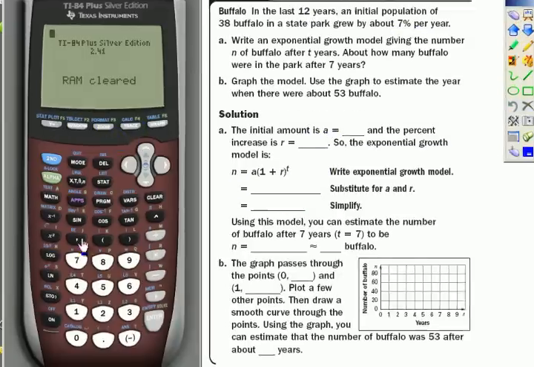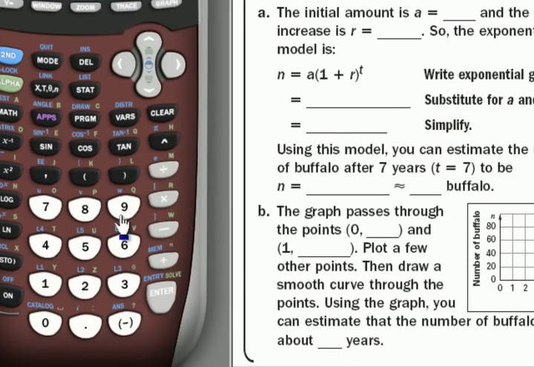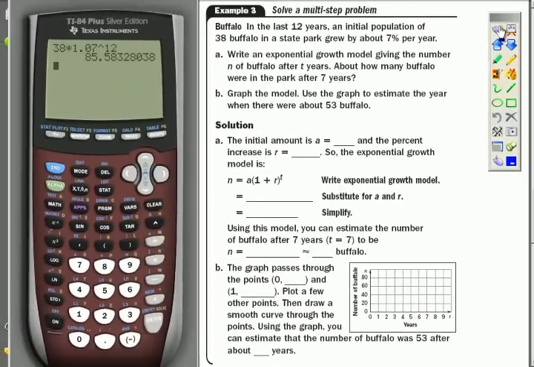So over here on my calculator, I have 38 times 1.07 to the 12th power. And I end up with 85.58 buffalo after 12 years. So if I come back over here and I write 85.58, well, you can't have 85.58, right? So you're going to end up with about 89 buffalo.